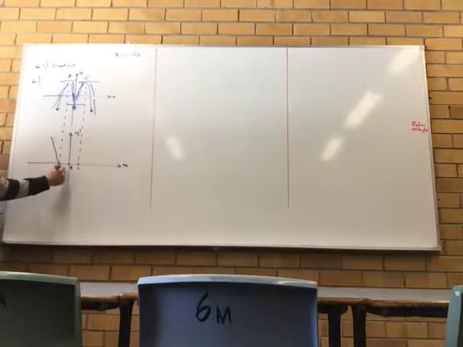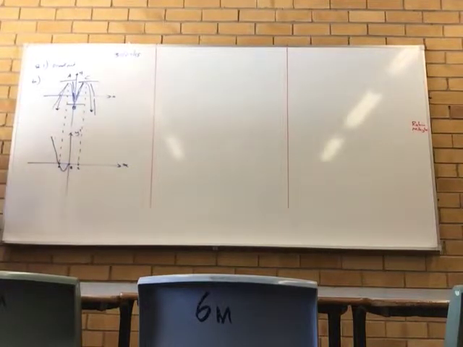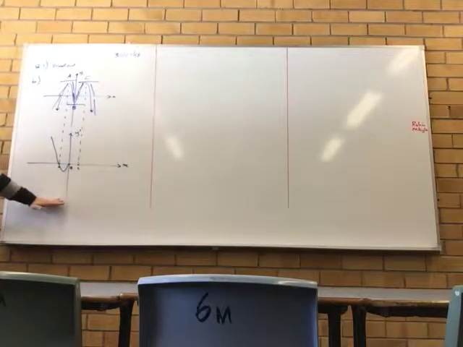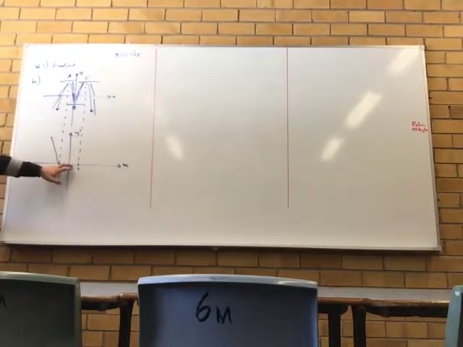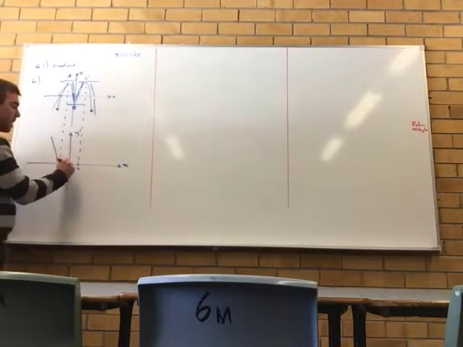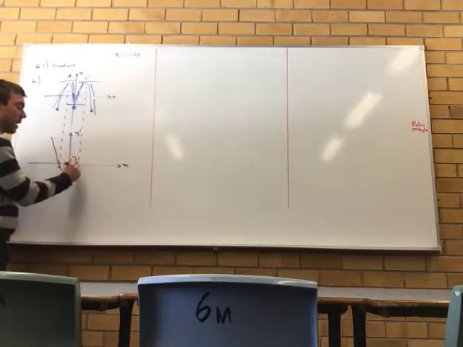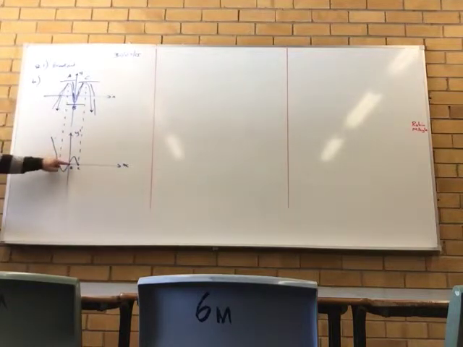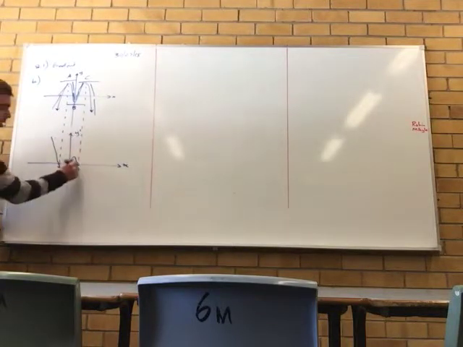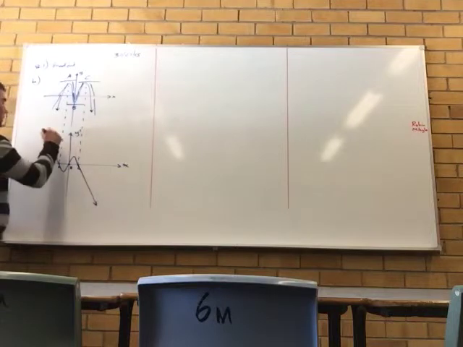Underneath, between A and B, the value is a negative y dash. To get back to B where it's 0, between B and C we are positive. That means we've got some turning point happening between those two, but each value of your tangent is positive in that section. Then to the right of C, the value is going to be always negative. That will extend down in that general direction there.